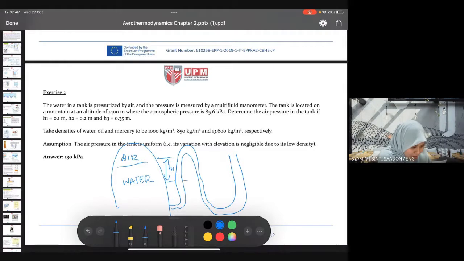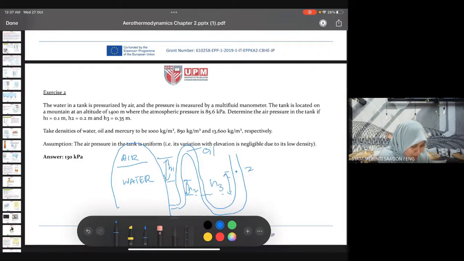This is H2. Inside is oil. And this is point 2, the middle here. Later, these are the same level. You have H3.